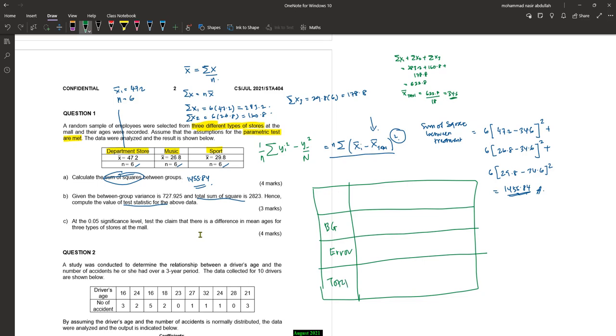And then we have sum of square, and then we have degree of freedom, and then we have mean square error, sorry, just mean square.